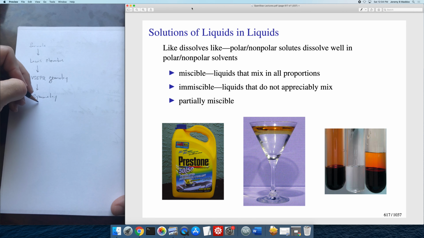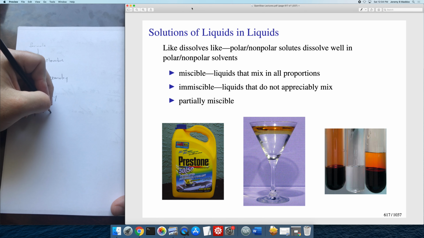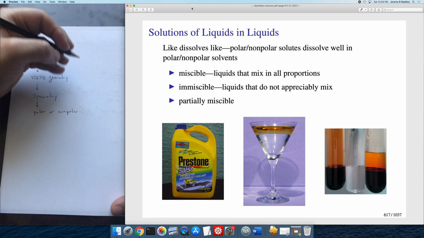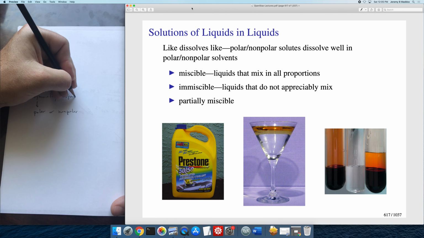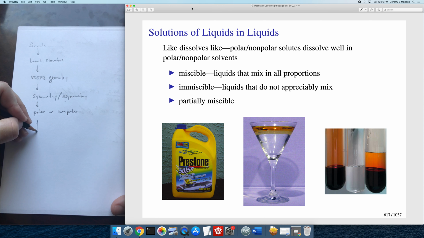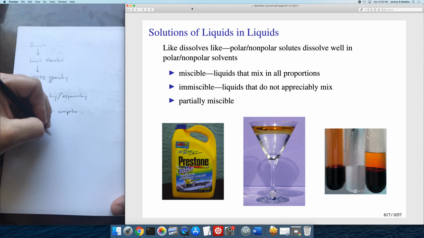Based on that symmetry, you can determine whether it's polar or nonpolar. I'll say symmetry and asymmetry. You'll recall that the asymmetric structures are polar and the symmetric structures are nonpolar. Okay, so there's actually quite a lot of Gen Chem 1 material that goes into this process. And so then finally the new part, the part that we're learning about in Chem 222, is then like dissolves like.